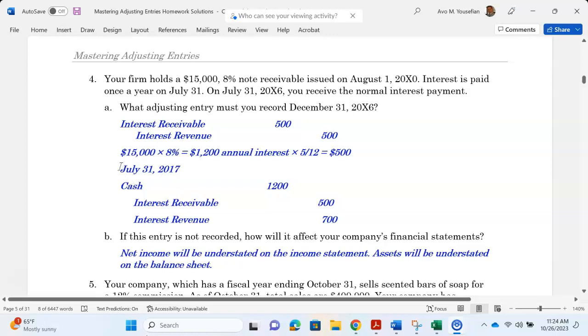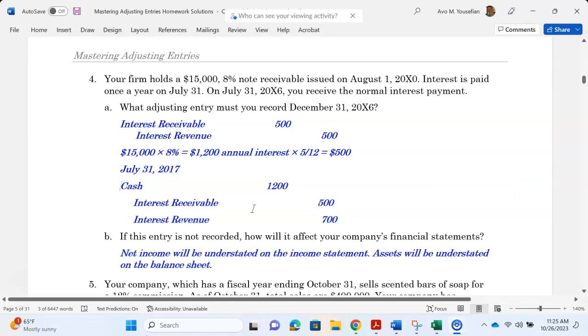Let's say in 2017, July 31st, you received the interest check, which is good. So you debit your cash for $1,200, and you close the receivable of $500, and also you record the interest revenue for the 7 months from January through July.